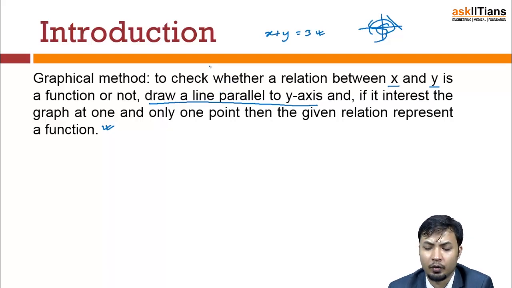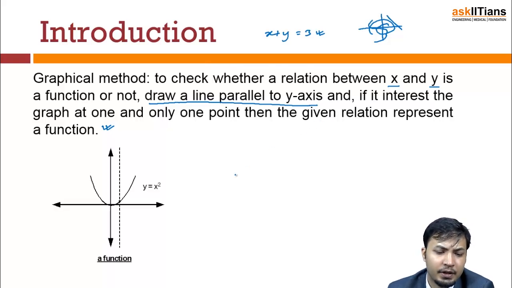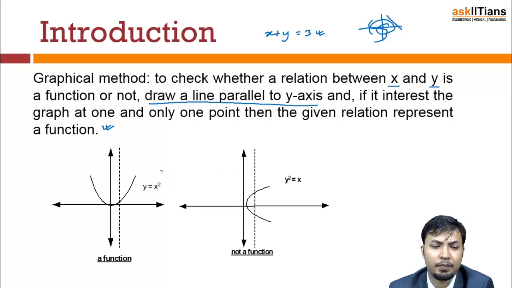Now how do we basically do it? Let's see. These are the two different examples that I have. What I did is I drew a line parallel to the y-axis over here, and then the graph I need to draw. This is my graph, this is my f(x), which equals my y here.